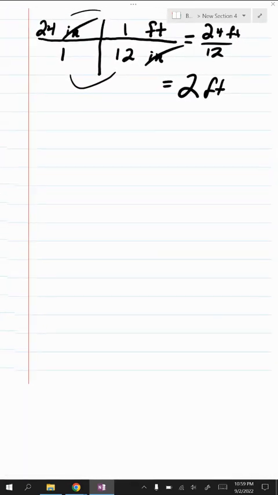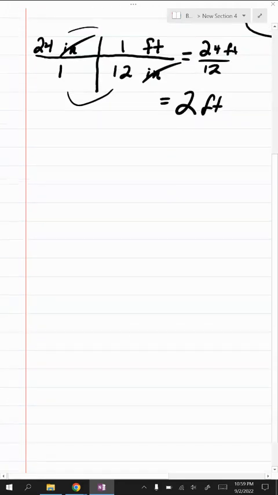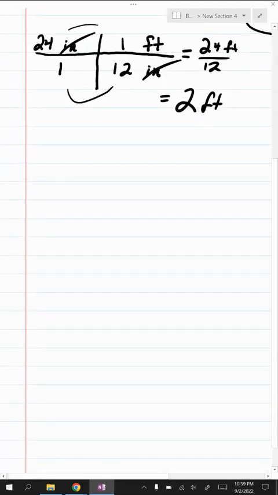What if you had to do it in a longer form, like you wanted to find out how many seconds were in an hour? Well, let's say I give you 1 hour and you have to find the seconds. I'm going to write a longer T-chart because this takes a few steps.